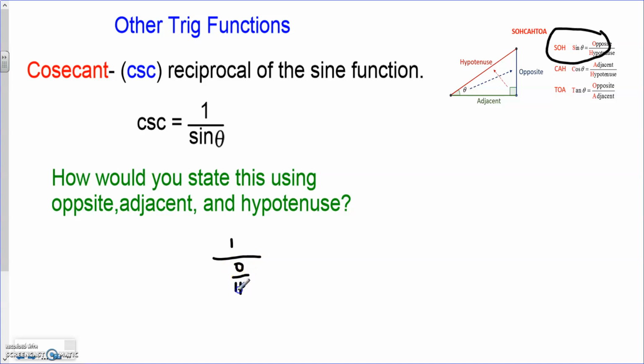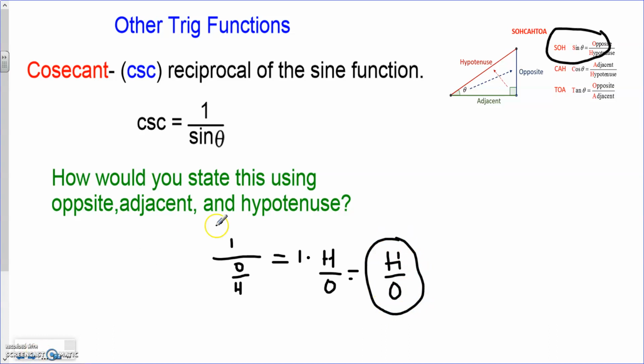Whenever you have a fraction within a fraction, remember keep, change, reciprocal, or keep, change, flip, right? So 1 times the hypotenuse over the opposite, which is basically just the hypotenuse over the opposite. And that would be your solution here. So that is the cosecant.